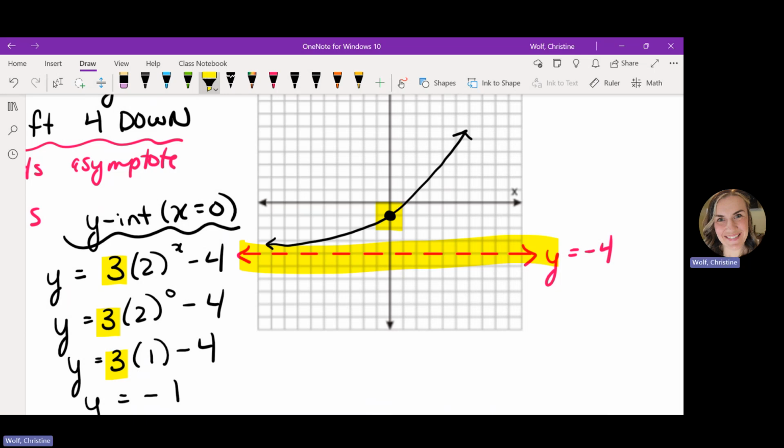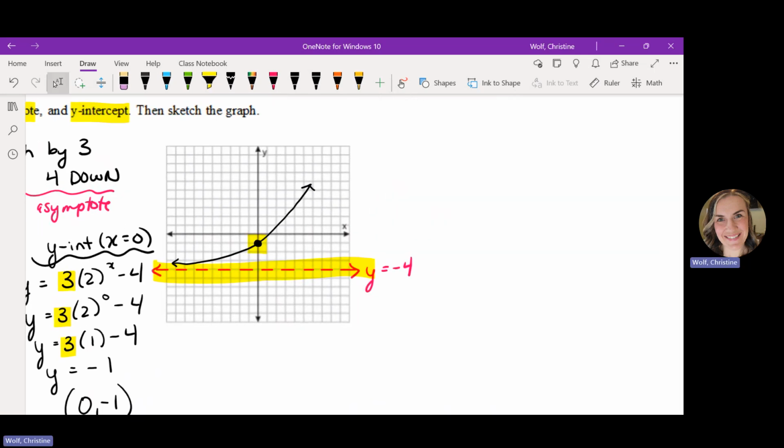I also asked you for domain and range. So very quickly, let's see how domain and range changed from yesterday. Domain is still the freebie because we're still far left, far right. But my range has changed because my asymptote is lower. So this means that my graph is now greater than -4. Yesterday, it was greater than 0.